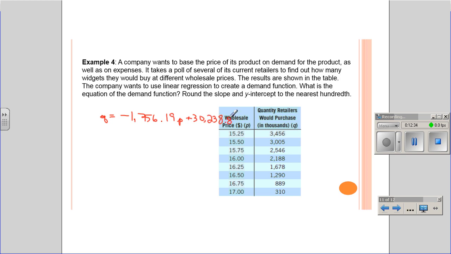If you need help with this linear regression on this or the homework, please ask in class.